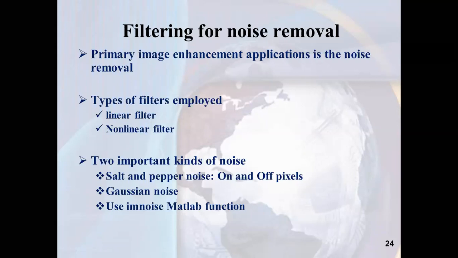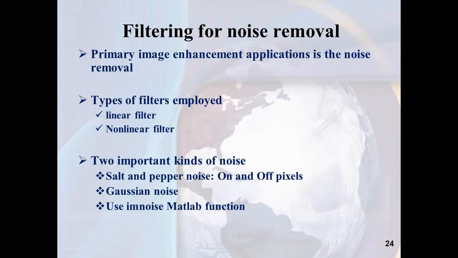I have an image and some pixels have the value 255, as white pixels, and some pixels have the value 0, which is black. So we call this salt and pepper, as if I sprinkled salt and black pepper on the image.